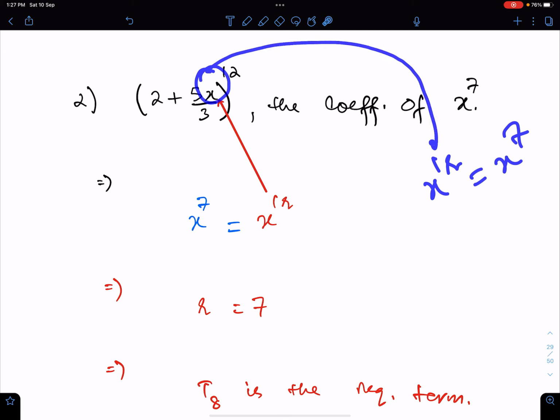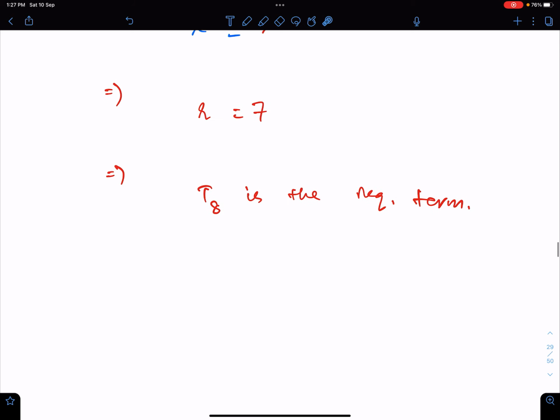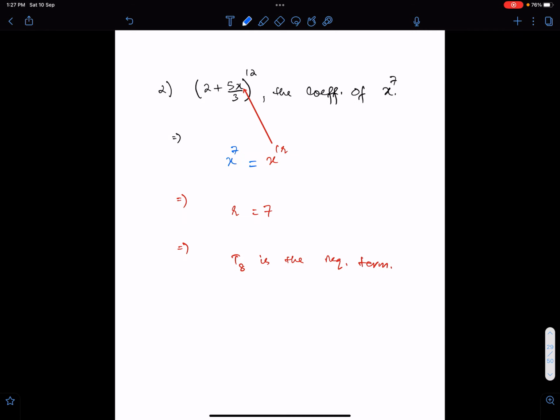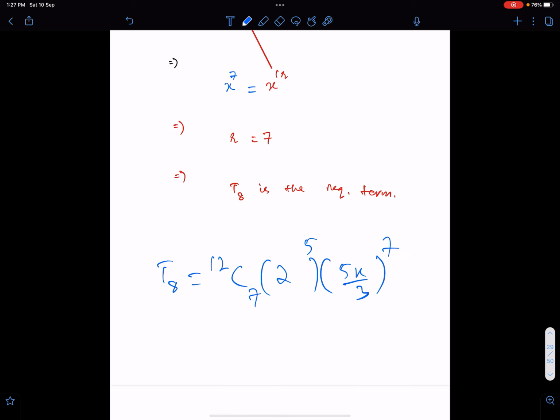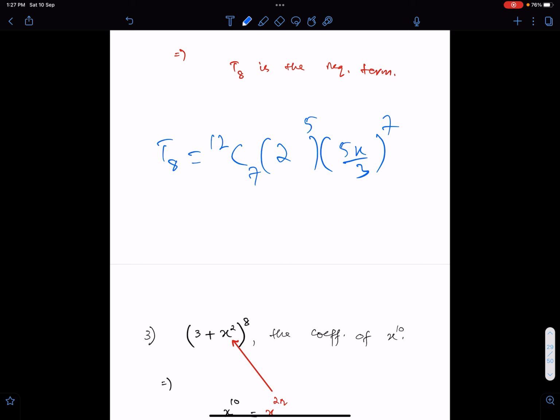This x will become x power 1r. So r is 7. So for the coefficient of x power 7, we need T8. And you can do this yourself if you want. T8 will be 12C7. You can complete this yourself, and you'll get the coefficient of x power 7 very easily.